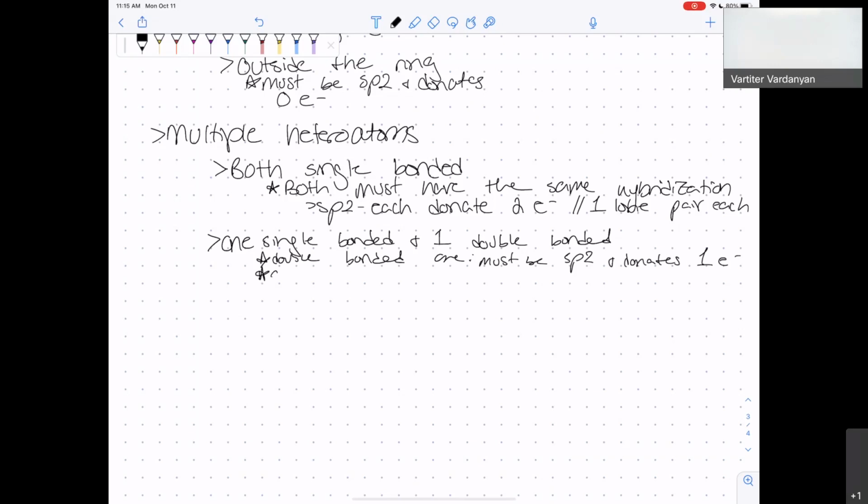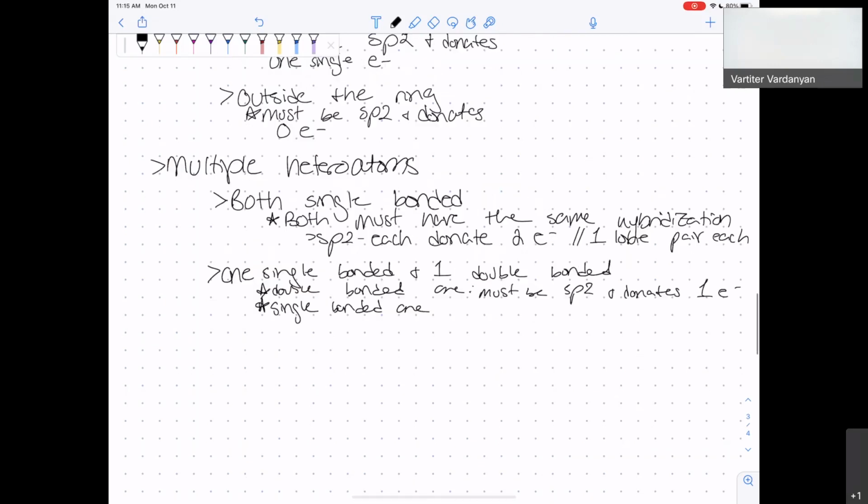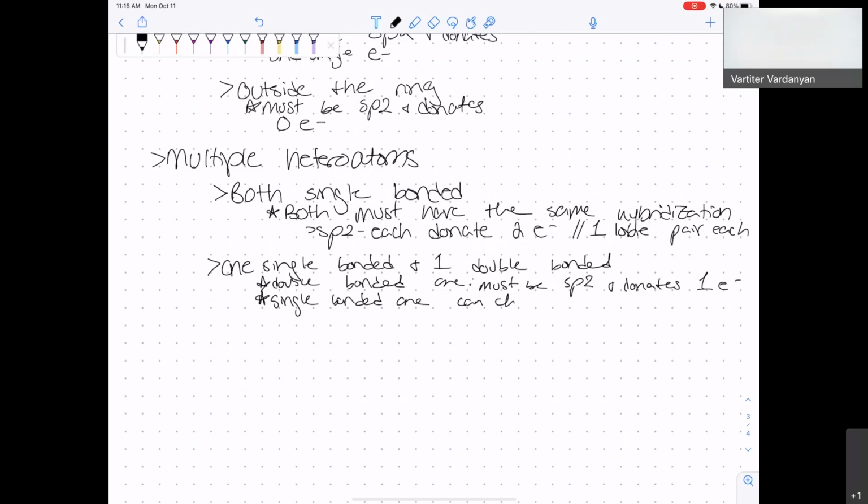And then the single bonded one can choose sp2 or sp3. So it does not have to be the same hybridization, but if they're both single bonded, then it does have to be the same hybridization.